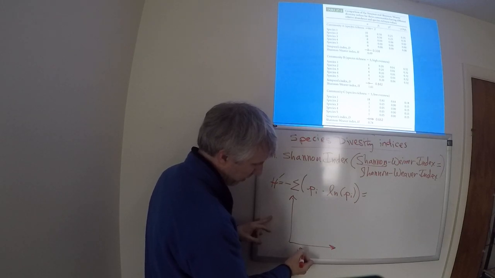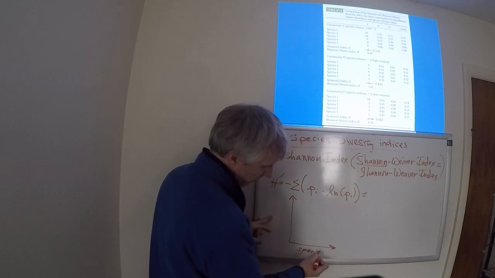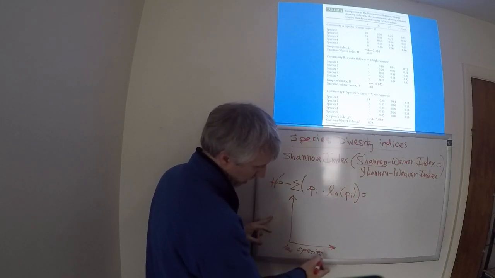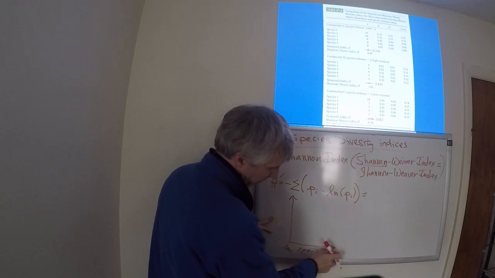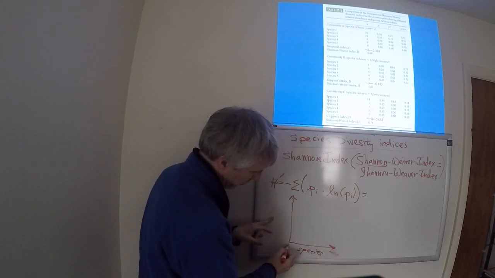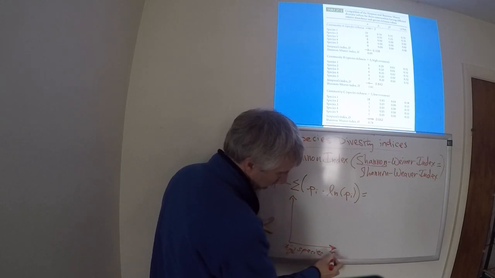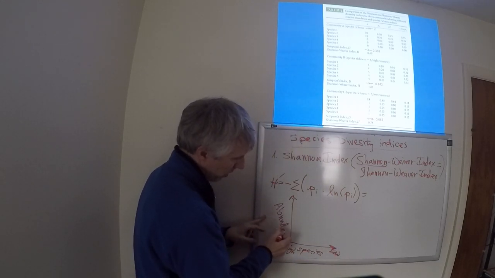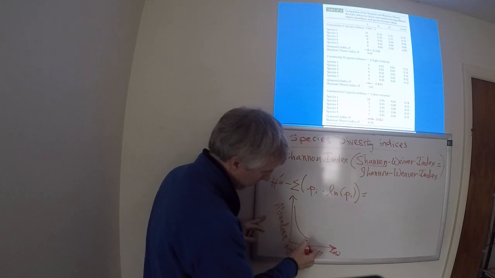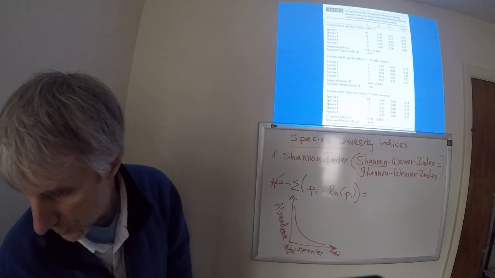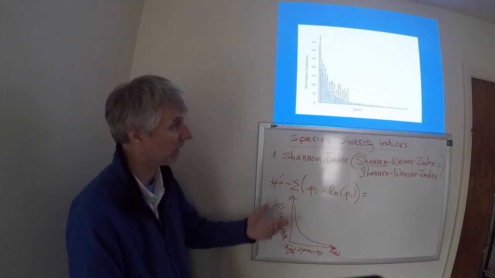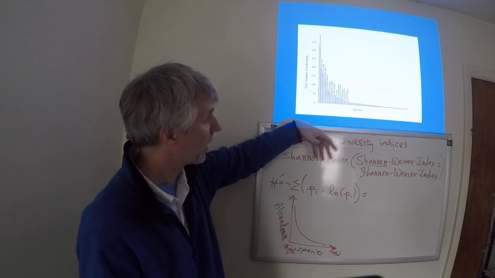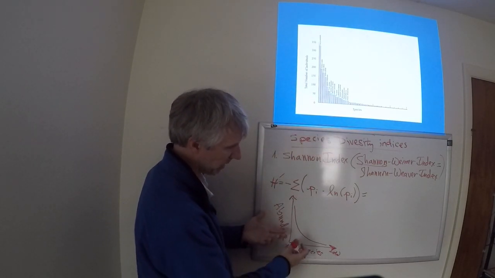But if you remember, we lined up all of the species from high abundance over here to low abundance, and put the abundance value on the y-axis, and we had a relationship that looked kind of like this. And my point was, many communities have this kind of a shape to it.